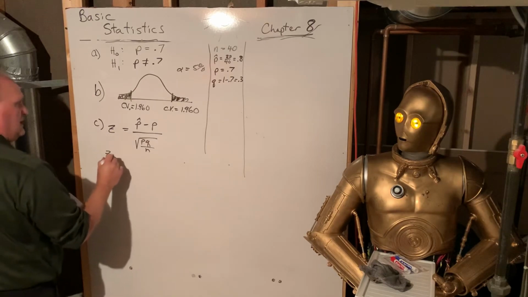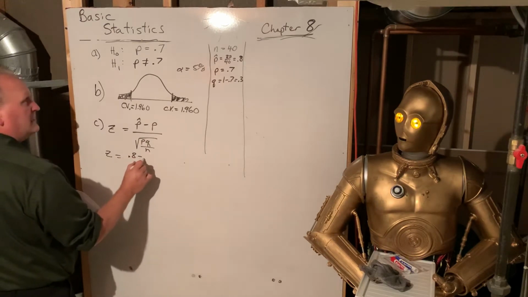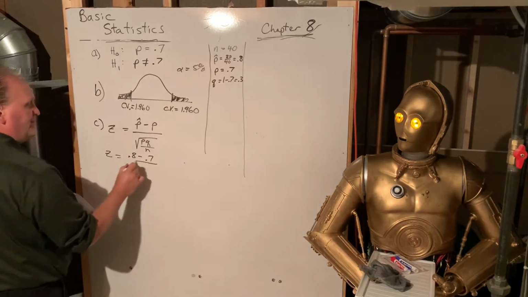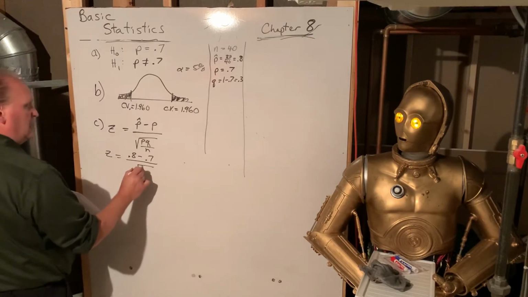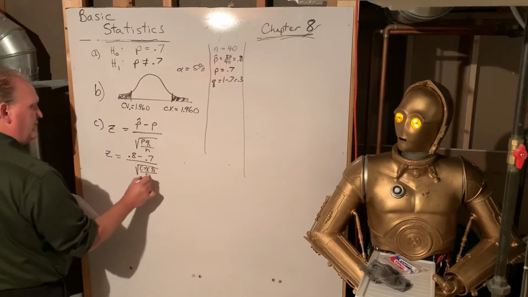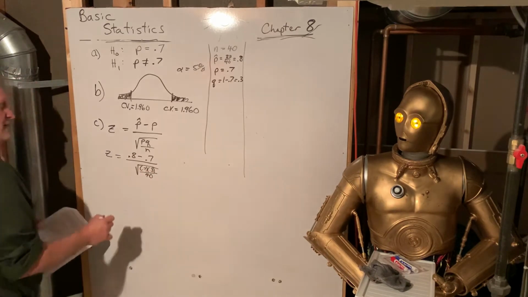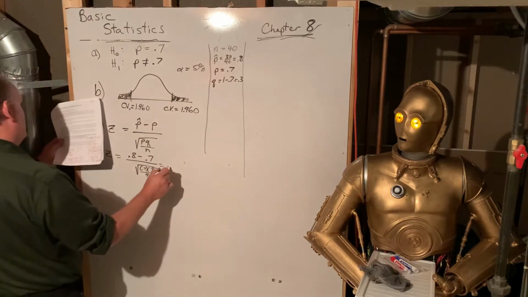So let's do this. z is equal to 0.8 minus 0.7, divided by the square root of 0.7 times 0.3 divided by 40. All of that is under the square root sign. When you calculate that, we get 0.1 on the top.